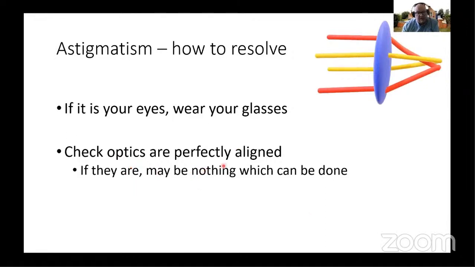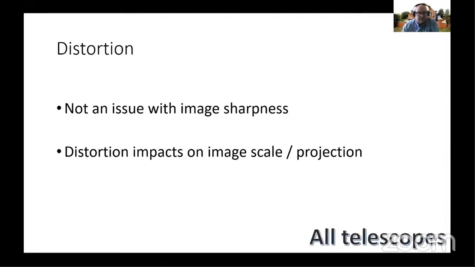And the other thing is to check that the optics are perfectly aligned, so make sure the system is well collimated and focused. And it might be that doing that resolves the issue with astigmatism. If it doesn't, then there's probably something wrong with the optics, and most of the time I think we could live with it, but if it's really severe, you may need to think about getting it solved.